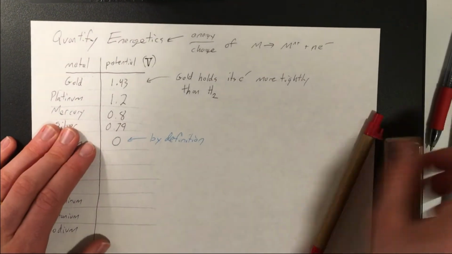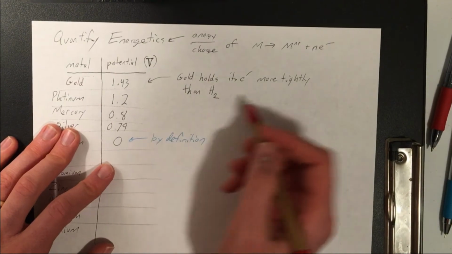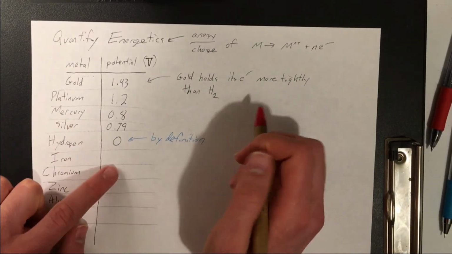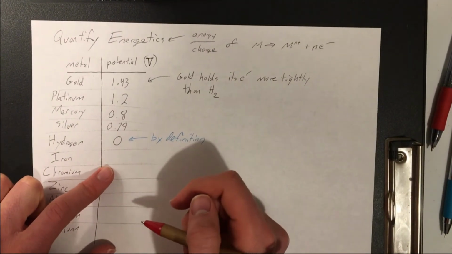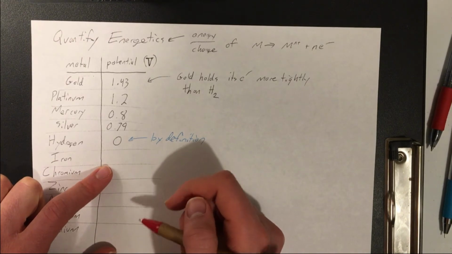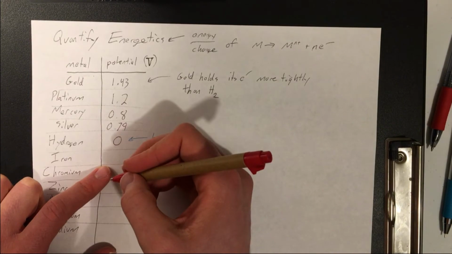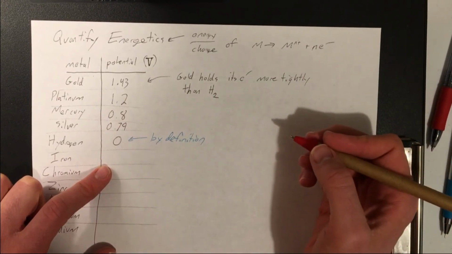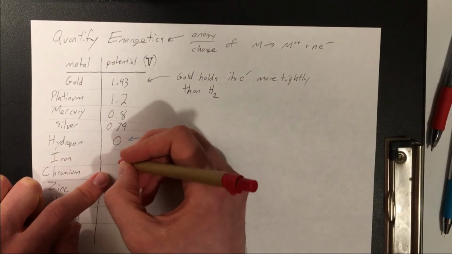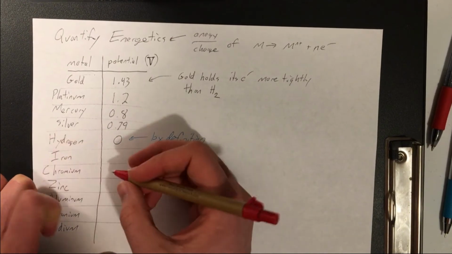And then there are some metals that hold on to their electrons less tightly than hydrogen, and those might be all of these things below here.